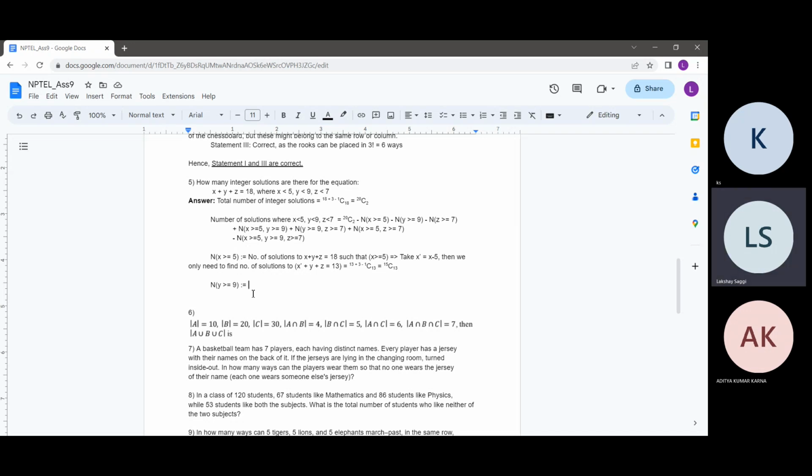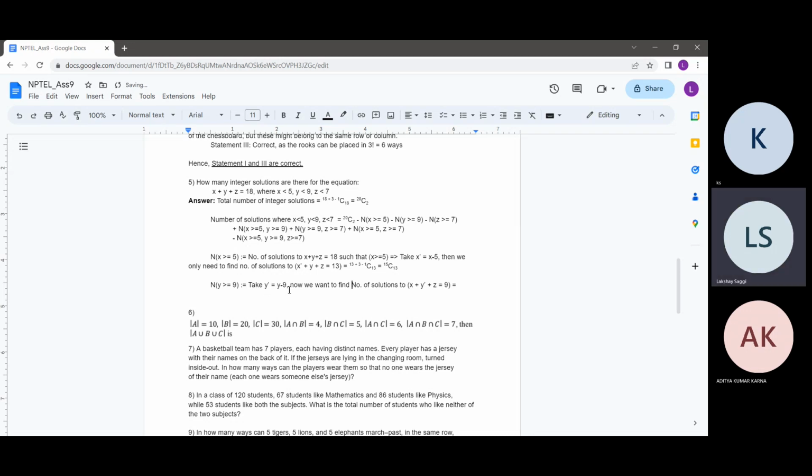So the number of solutions to x plus y prime plus z equals 9.